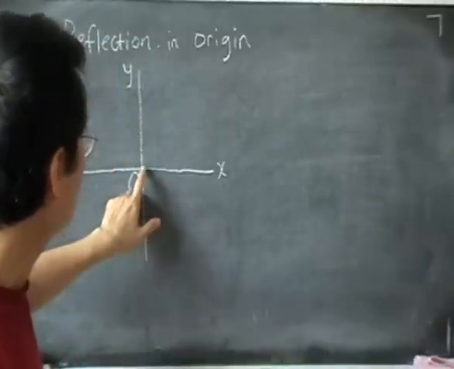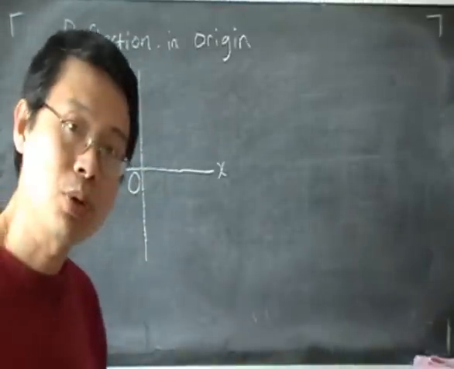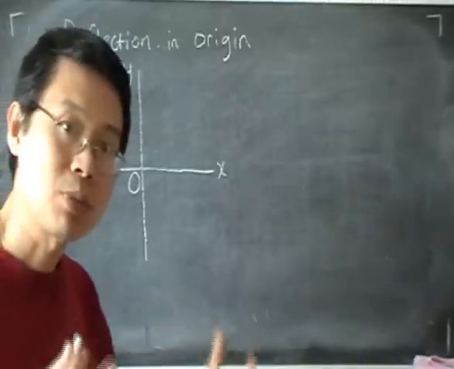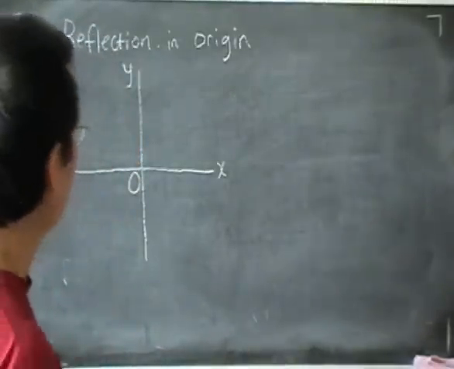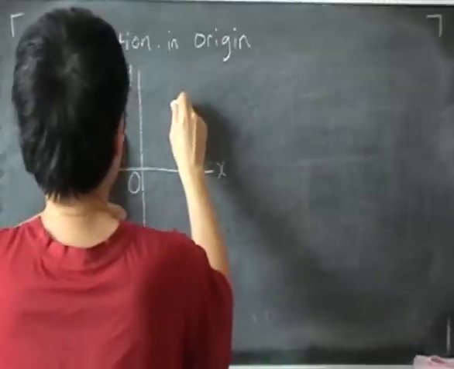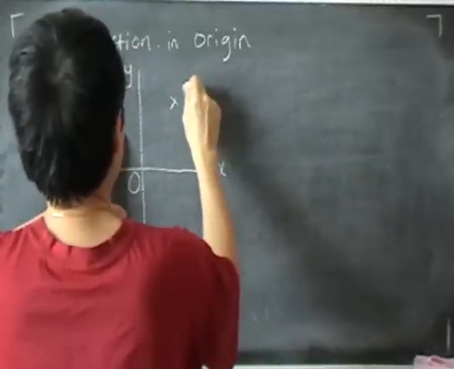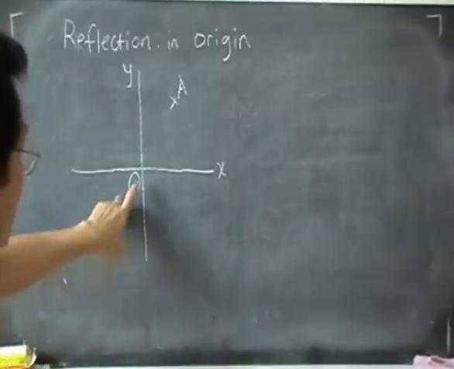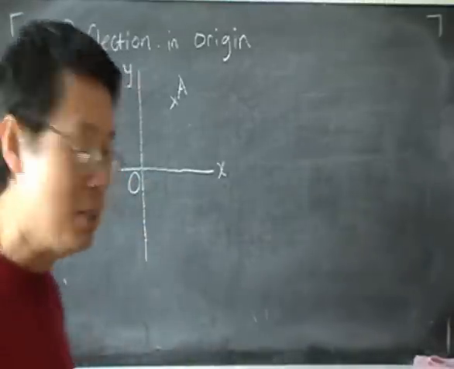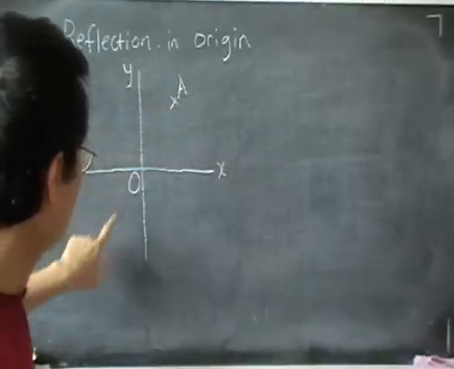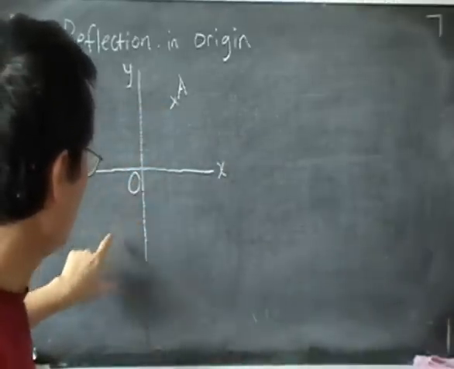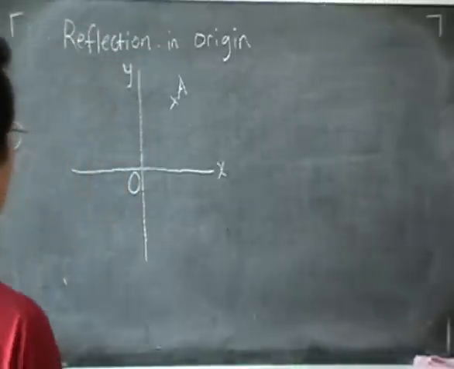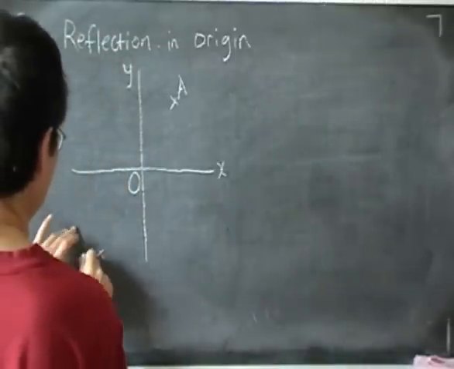Now in this case, if we imagine that this point, this origin, is some kind of a mirror, if I have an object there, let me call it A, then if I reflect it about this point O, my image should be on the opposite side of the point, and it should be at the same distance on the other side. So it should be somewhere there.